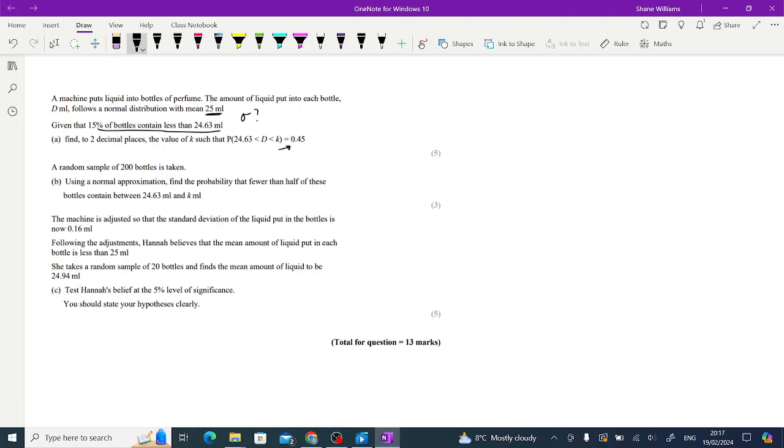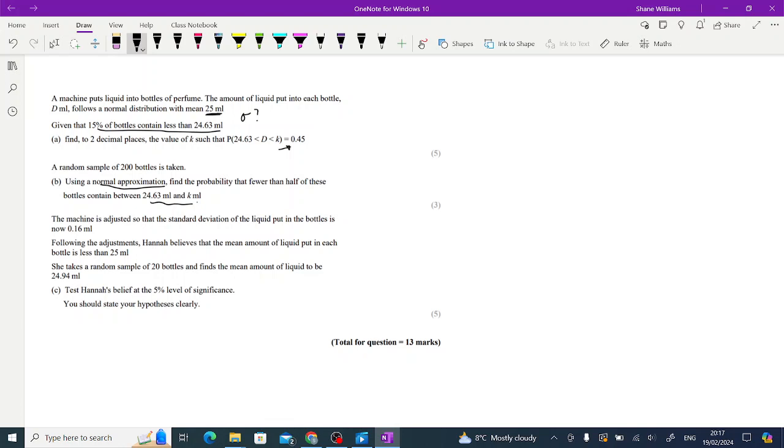Next question. A random sample of 200 is taken using a normal approximation. So we know now we're doing technique 2, I think it was, the normal approximation to the binomial. So 200 bottles, certain condition, it's a binomial, but we're going to turn it into a normal. So we know that's coming.